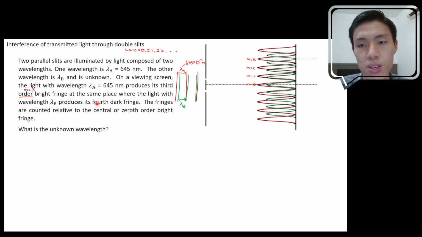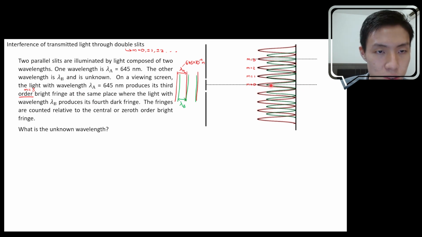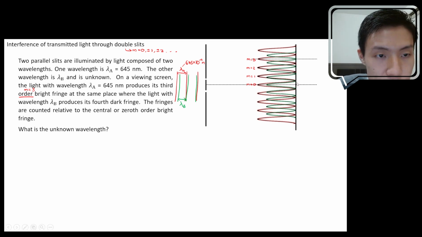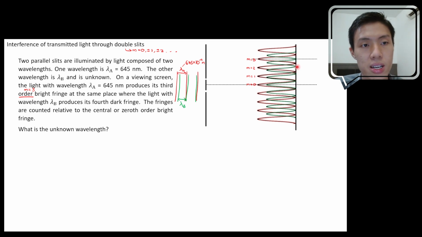Let's look at the green fringes over here. This is the first time we see a dark fringe, this is the second time, this is the third time, and this is the fourth time.